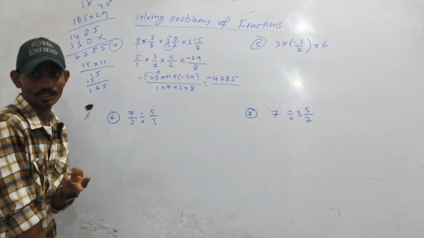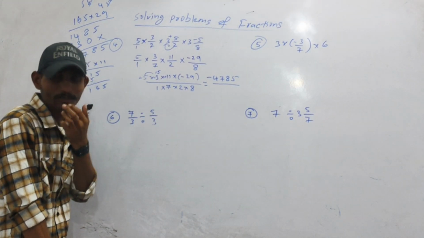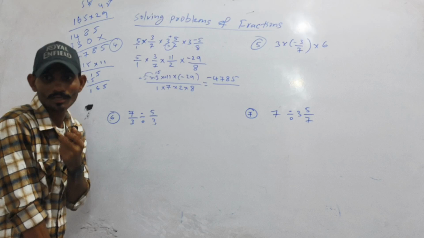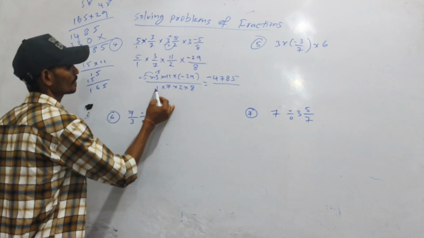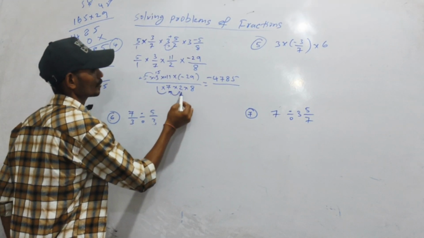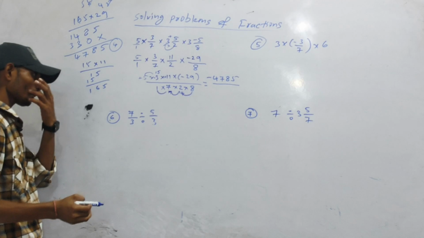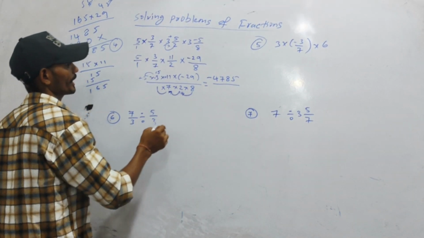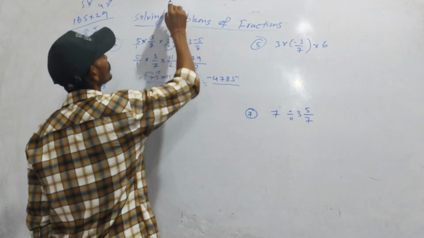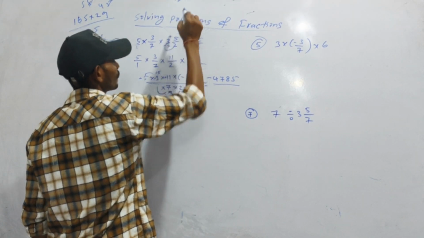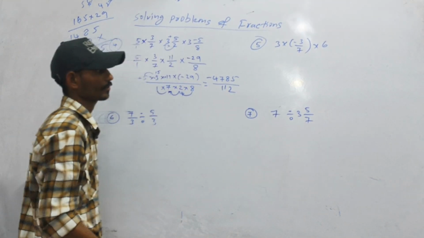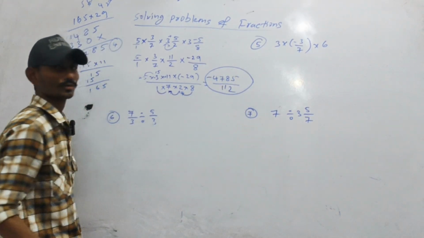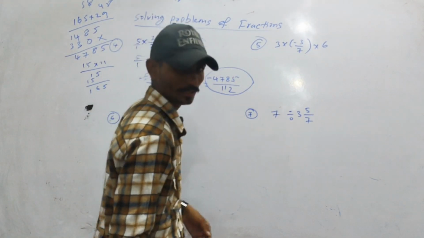If you get three negatives, when you count the negatives and get three, the answer will be negative. So now 7 1s are 7, 7 2s are 14, 14 8s are 112. This is the answer. Okay, next you go to the next problem.